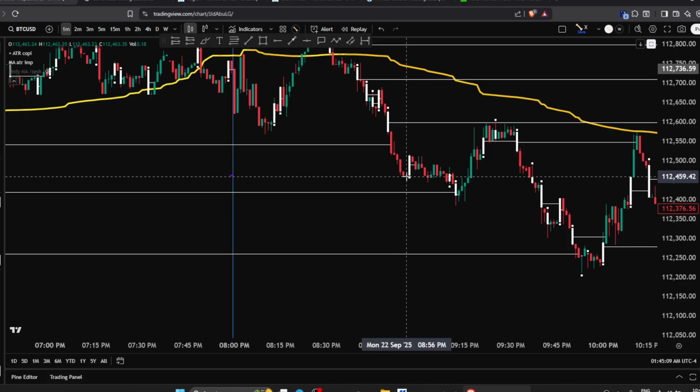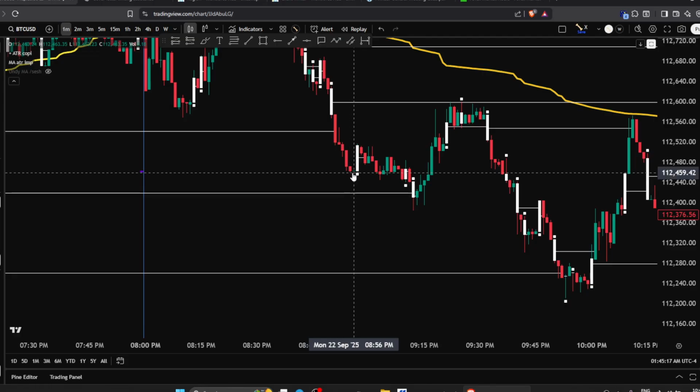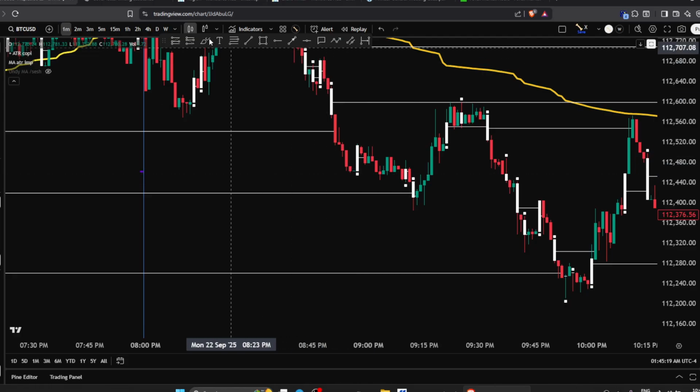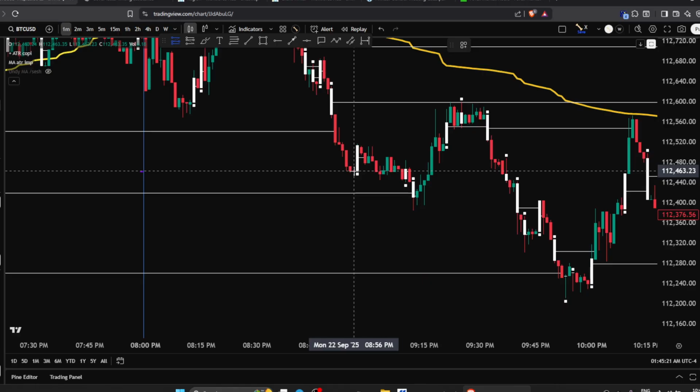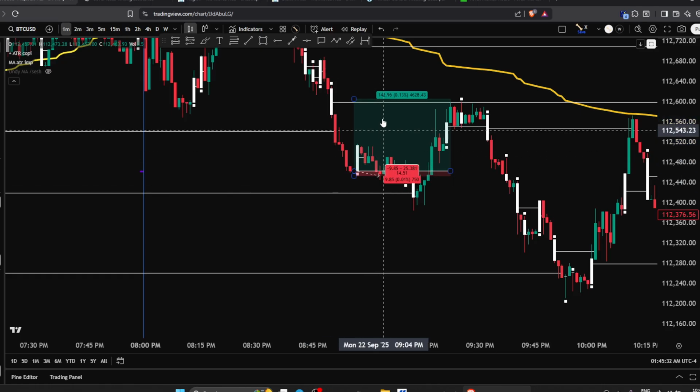So you'd be buying right there once that candle closes green. And then your stop loss would be underneath it, right there. Or in this case, maybe just a little bit bigger because it's so tight.